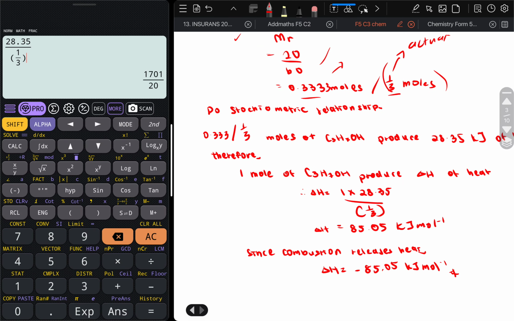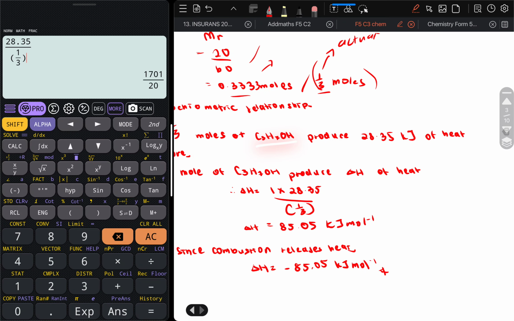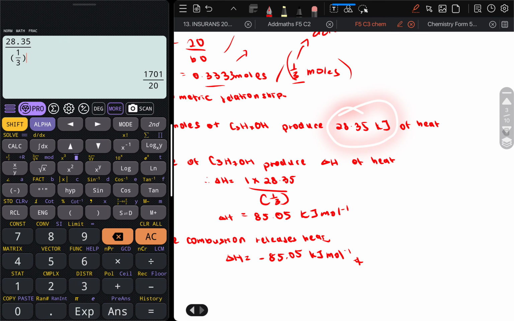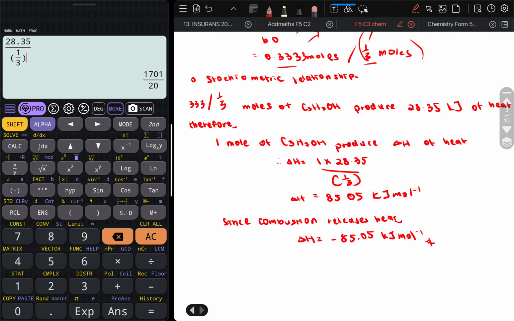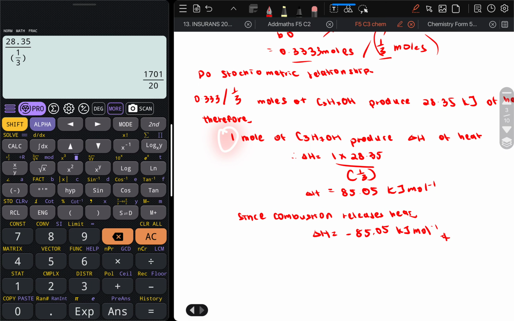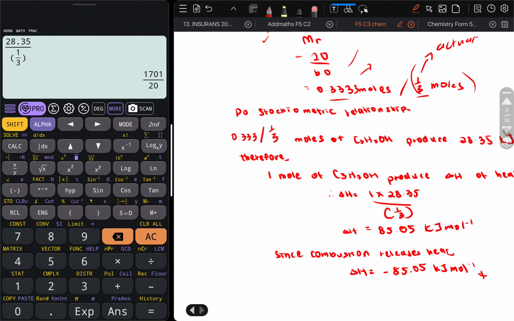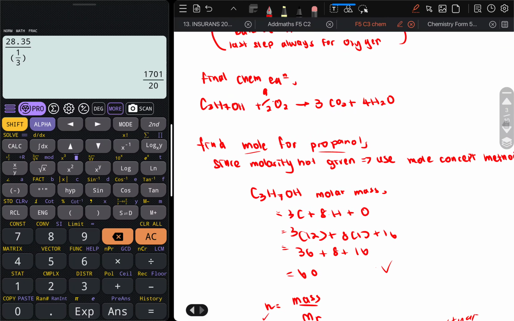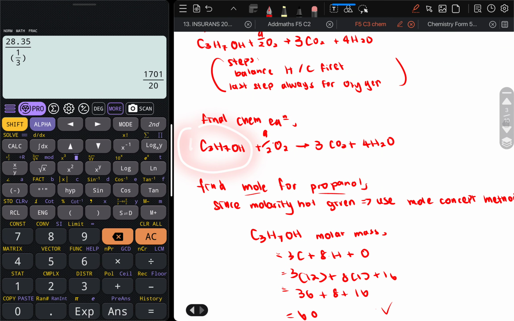So next we do the stoichiometric relationship. So 1 over 3 moles of propanol will produce 28.35 kilojoules of heat. So therefore 1 mole of C3H7OH propanol. So how do I know 1 mole? Because from this chemical equation, here is 1 mole.